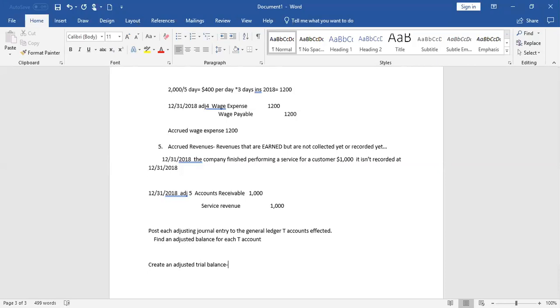Guys, a trial balance is a trial balance. It's just a listing of all the accounts with their current balances. These are the balances in the T accounts after we posted adjusting journal entries, so we call these the adjusted balances.